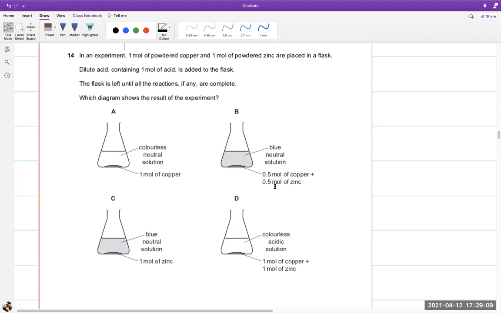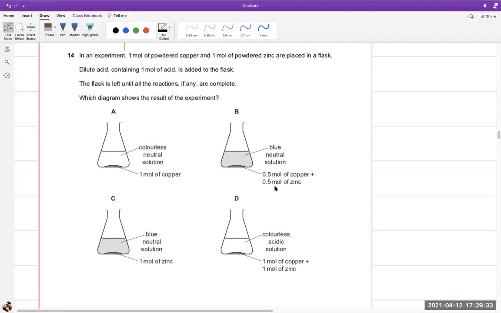So what's going to happen? We're going to get a solution of zinc salt. And if it is left for a really, really long time, zinc is going to replace all the hydrogen ions, and we're going to get neutral salt dissolved in water. So we won't have any color for it as well because it's not a transition metal.